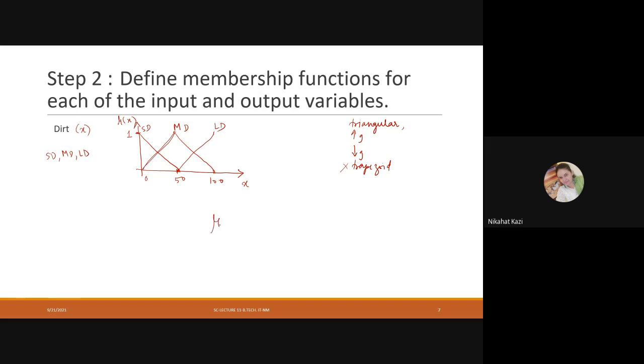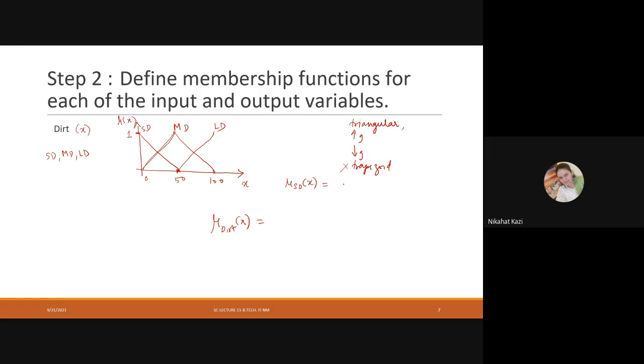Okay, so what I can say is, dirt is characterized by three different functions. First one is small dirt. Small dirt of x is simply a decreasing function.